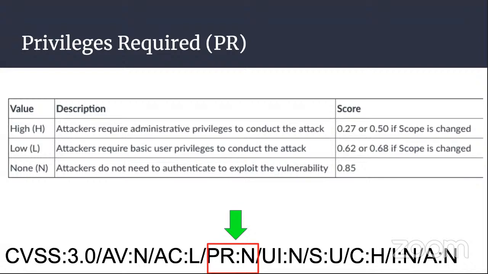Why would none have a higher score than the other two? Yes, because it's easier to exploit.